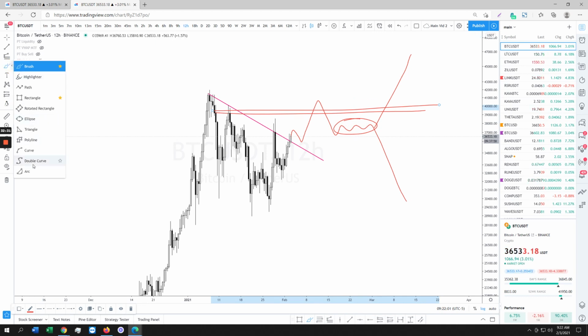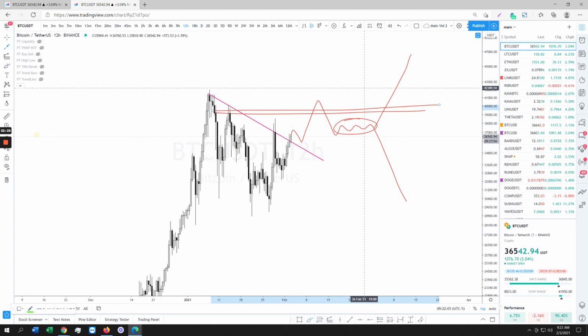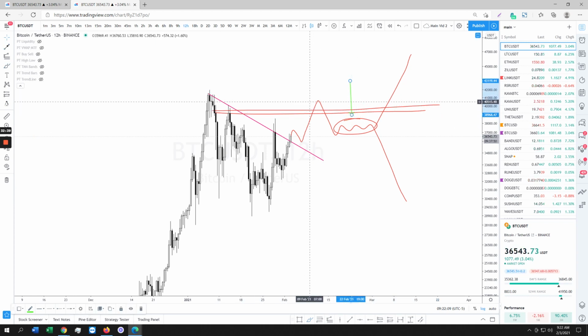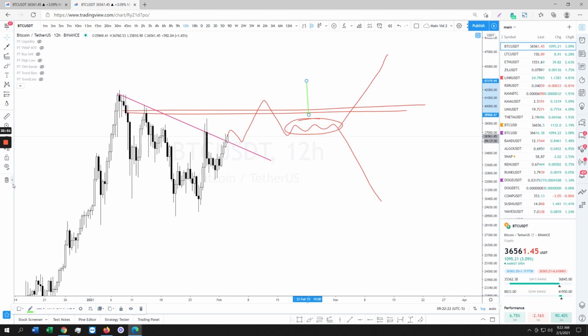Always grab the most important points. This one already broke. Yeah, that one already broke. I know this is crazy, but it works, trust me. This is what you should be looking for. And then anything that comes down here.